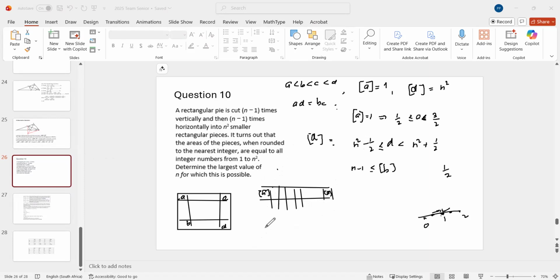So you have to have the n here. 1, 2, up to n. This goes up to n because it's n by n. So at the worst possible case, you're going to have n plus 1 here. The rounding off of this is n plus 1, rounding off this is n plus 2, and so on.